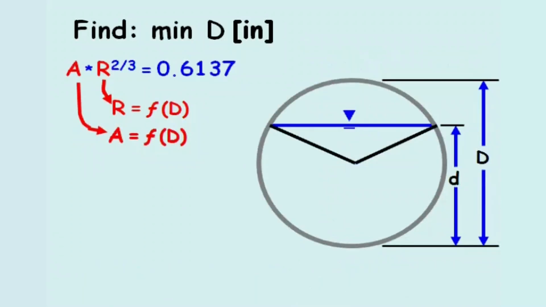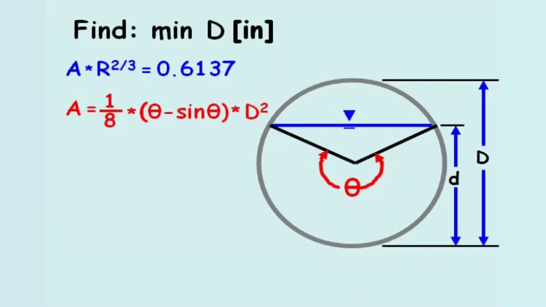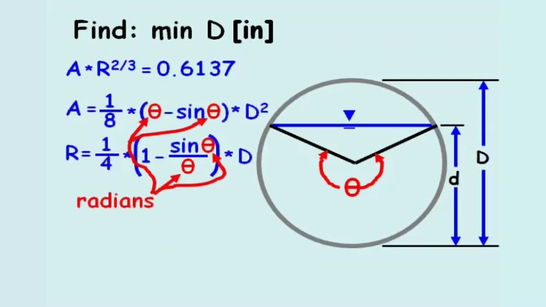If we draw the pipe figure and define the angle theta, from geometry we know the cross-sectional area of the water equals 1/8 times the quantity theta minus sine theta times the diameter squared. And the hydraulic radius equals 1/4 of the quantity 1 minus sine theta divided by theta times the diameter. In both of these equations, theta is measured in radians.